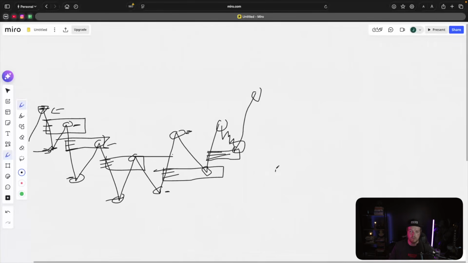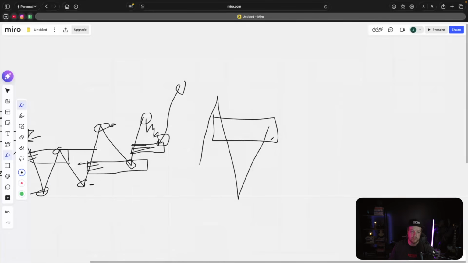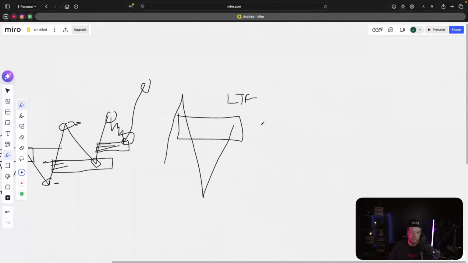So when the market is inside of a level, okay, when the market literally enters our point of interest, we want to go down to the lower time frame, okay? When we go to the lower time frame, we want to wait for this to happen.